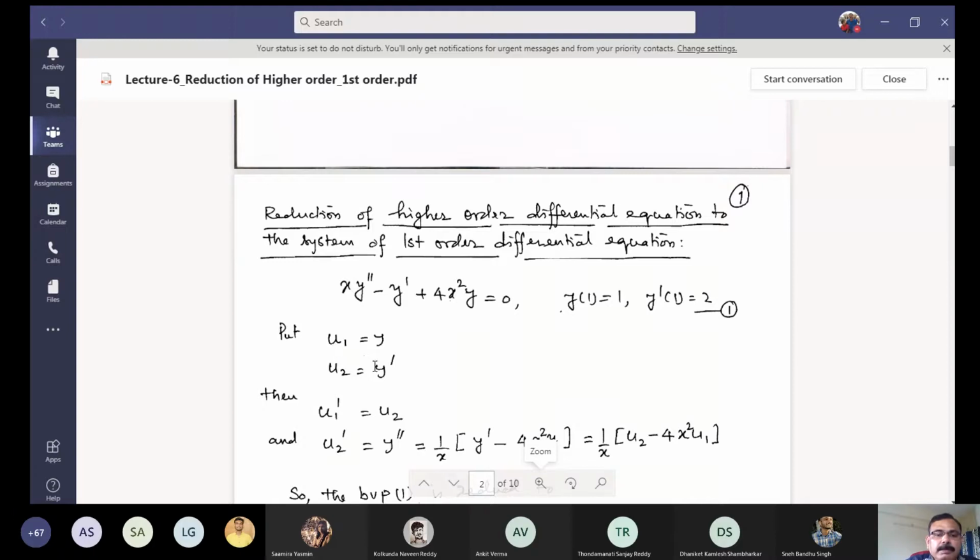Then u1 prime is your u2, and u2 prime will be your y double prime.